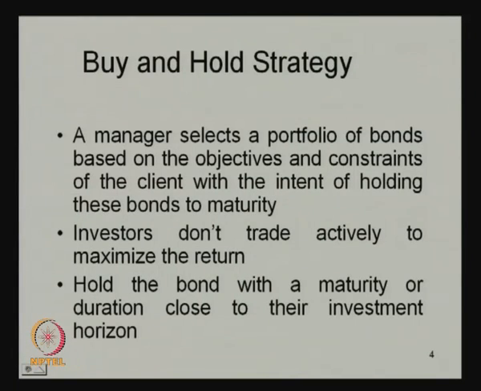So, what these investors basically do is hold the bond with a maturity or duration close to their investment horizon. In the beginning I told you, let's say you need 5 lakh rupees after 5 years. So he decides on a bond where the term to maturity is 5 years, or the duration is 5 years, and accordingly if you take the position in the market, then the 5 lakh rupees requirement he wants from the market in a span of 5 years can be realized.